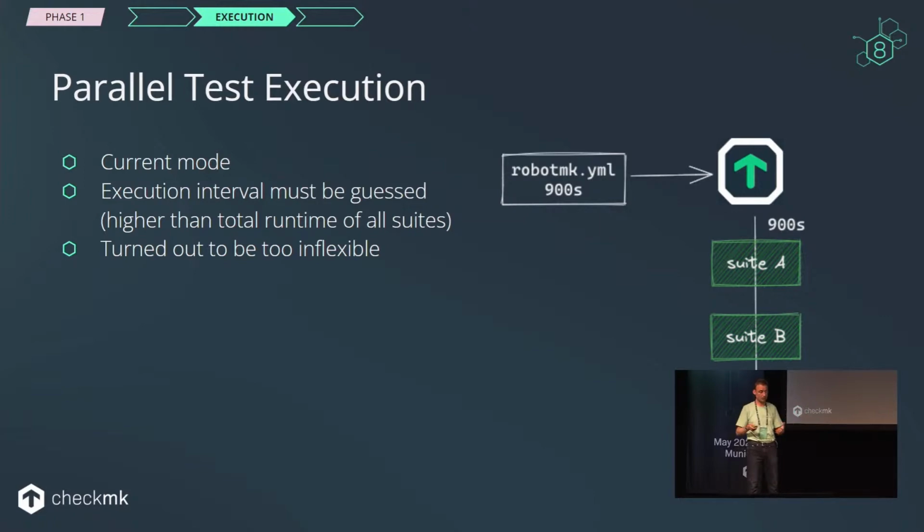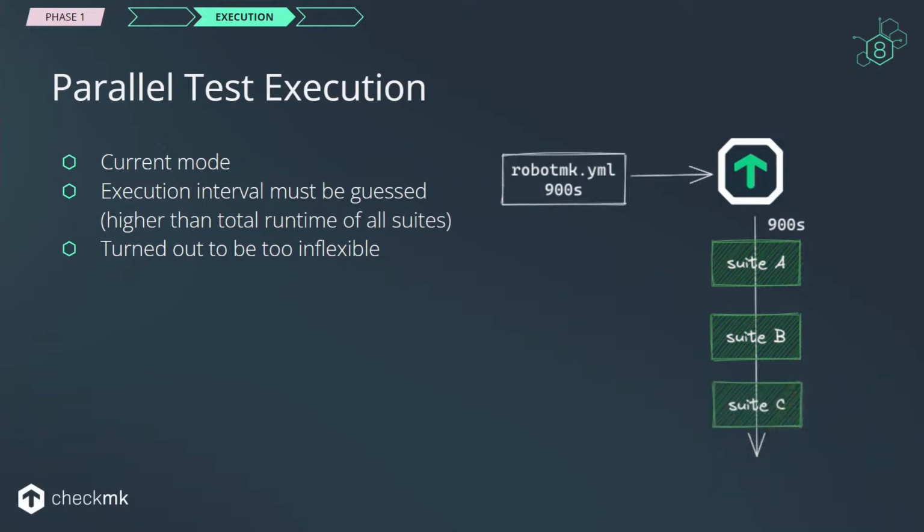The only mode RobotMK works in today is that it's executed asynchronously in a certain interval, for example, 900 seconds, and then it executes all the suites in one big chain. The execution interval must be estimated from the total runtime.